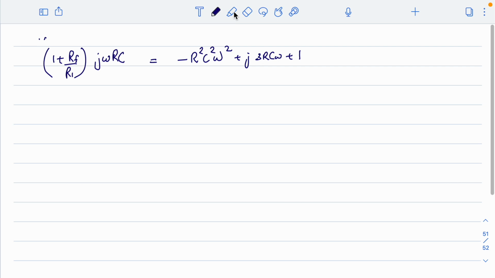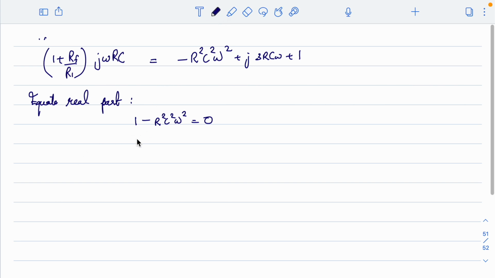Now once this relation is obtained, I can equate the real part. On the left hand side, nothing is there. So when I equate the real part from the right hand side, I get 1 plus R square C square omega square is equal to 0. Not 1 plus, it is 1 minus.